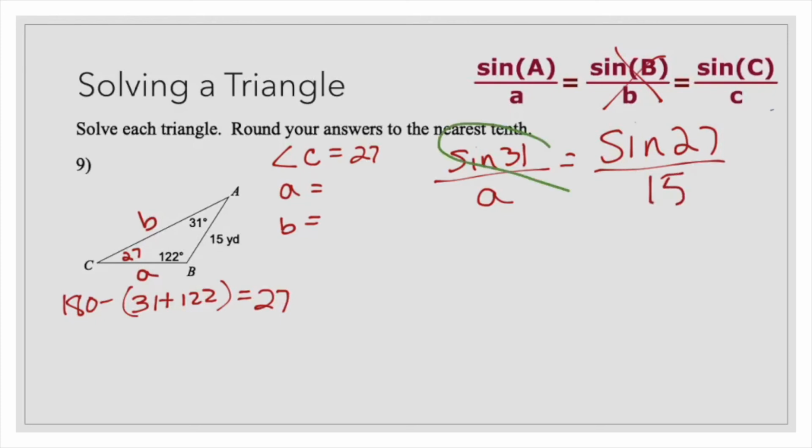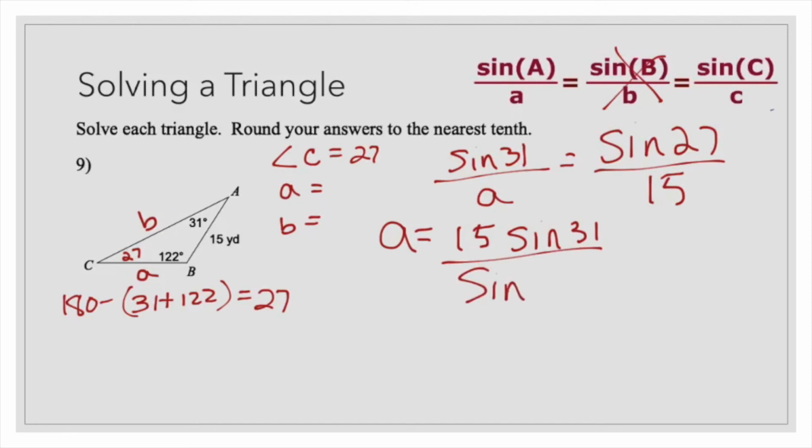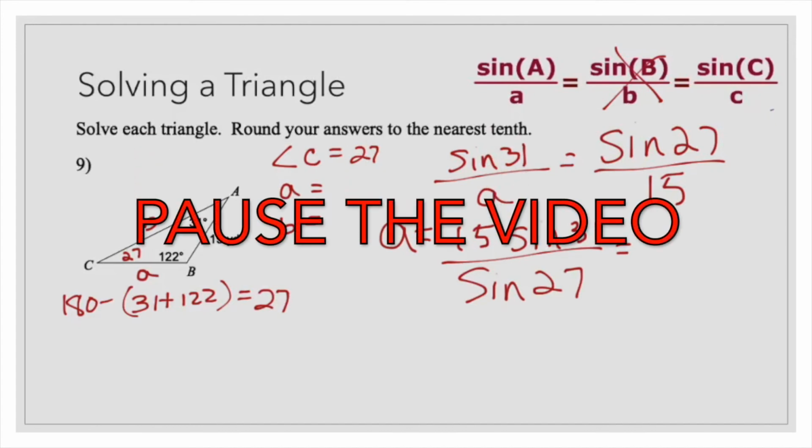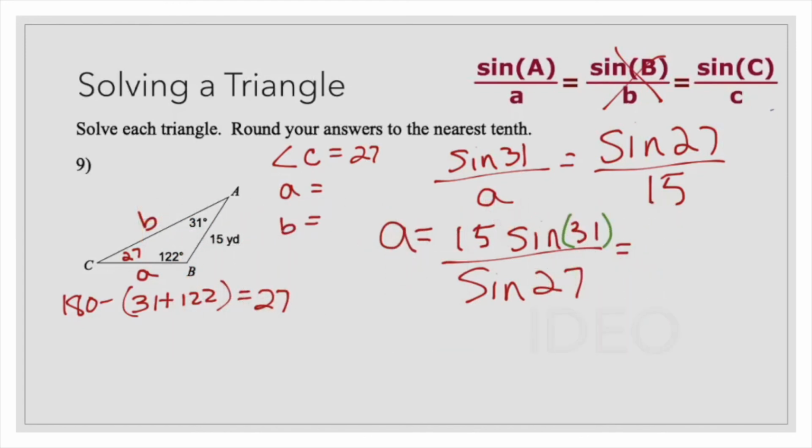I multiply these two and divide that one. So I'll have A equals 15 sine 31 over sine 27. I will put that on my calculator for A. Go ahead and pause it, put it in your calculator. Remember to put your parentheses there before you hit your divide key, and you must be in degrees.